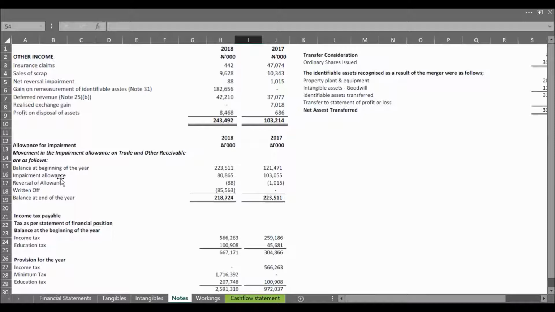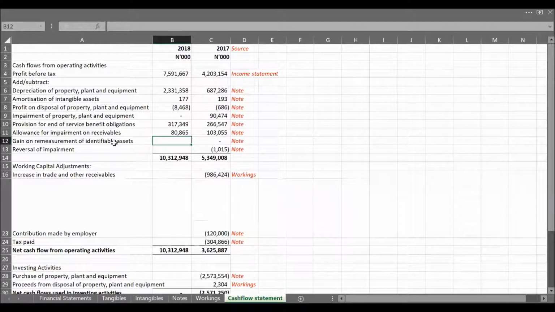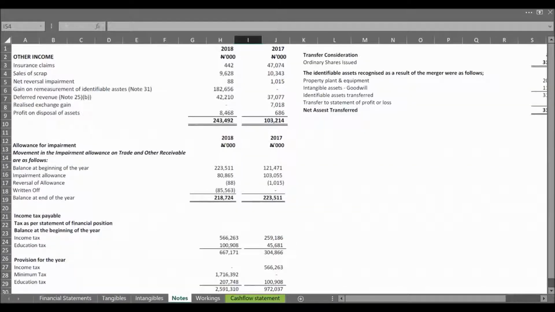For the allowance charge, which was initially deducted, we're going to add it back to the cash flow statement. The amount is 80,865. Then the reversal that was initially added to the income statement, we're going to deduct it, which is minus 88.